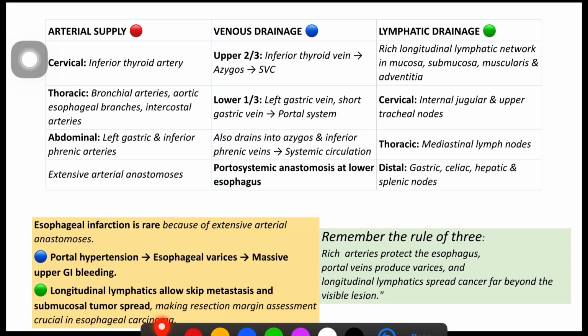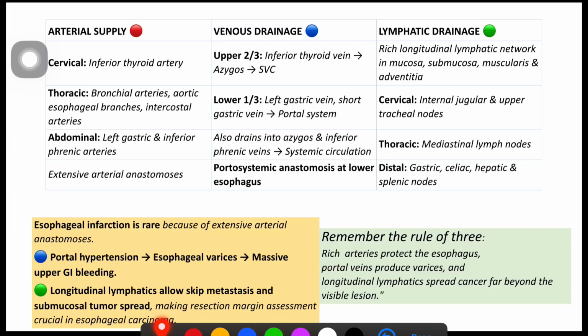Lymphatic drainage is important because it has a rich longitudinal lymphatic network. So in the mucosa, submucosa, muscularis and adventitia, all the layers have longitudinal lymphatic drainage. So what is the importance?